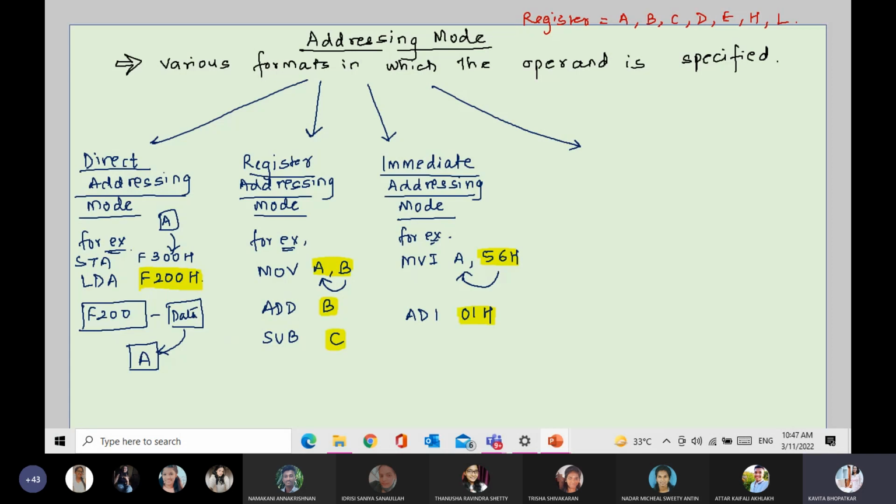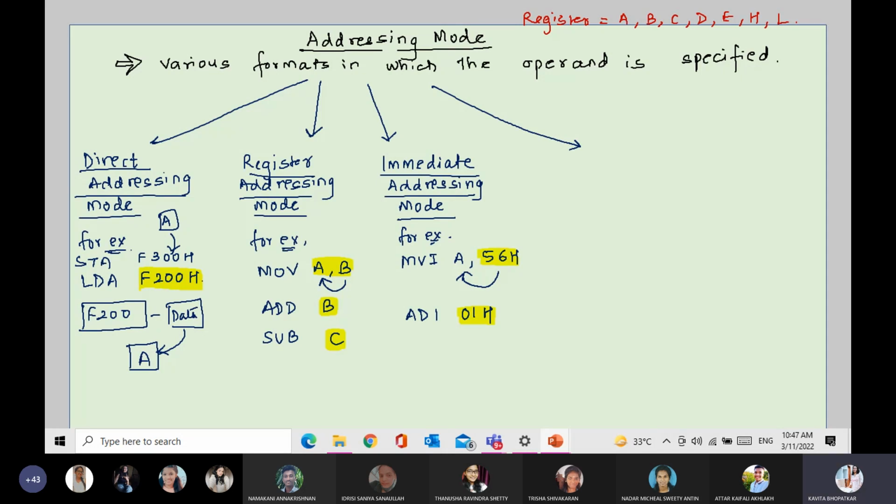Okay. So basically, immediate addressing mode is that addressing mode where the data appears immediately after the opcode of that instruction.